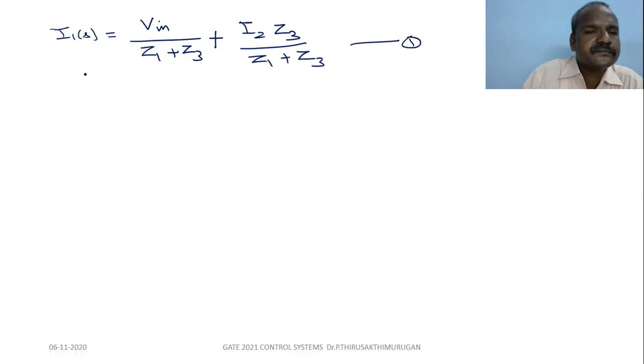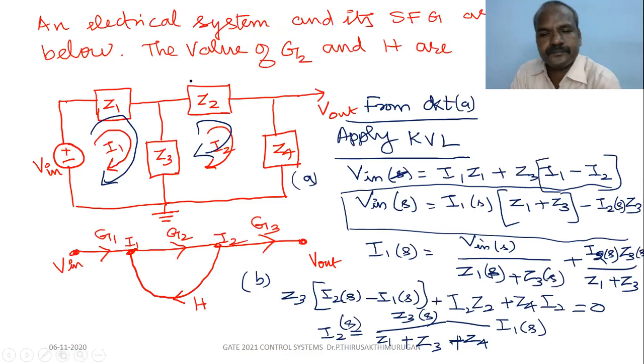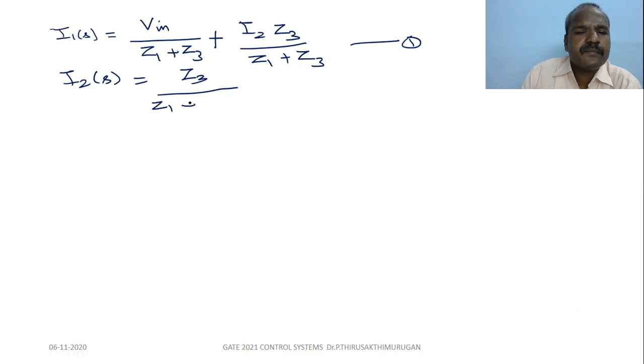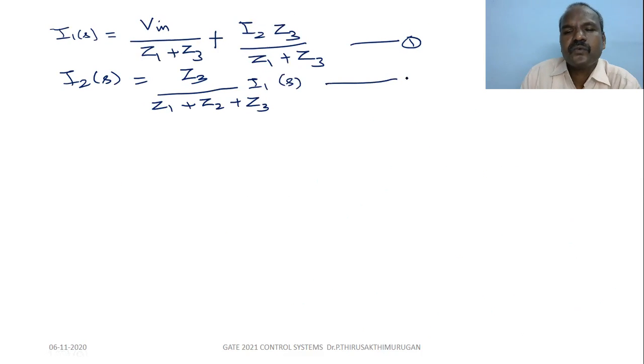That is equation number 1. And I2 of S equals Z3 divided by Z1 plus Z2 plus Z3 into I1 of S. That is equation number 2.